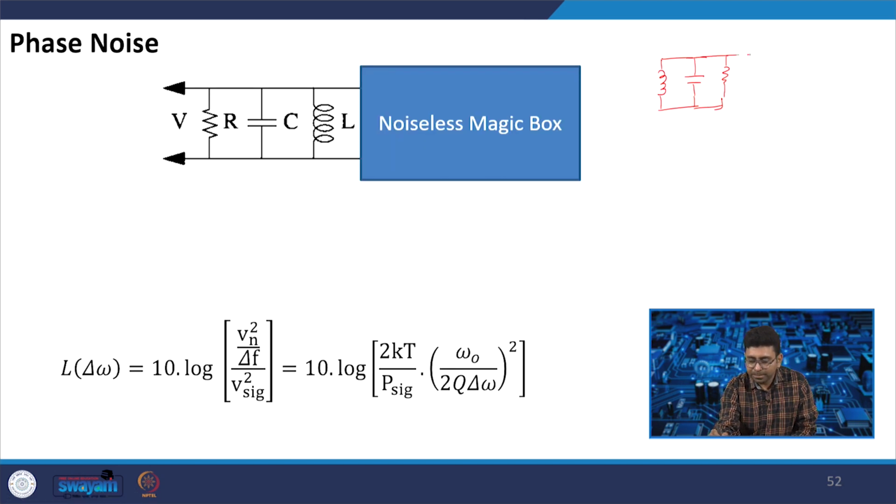You will have a noise which we have taken out, the noise current, I n square by delta f. So, this is the noise current density, and then we consider this as a noiseless box.